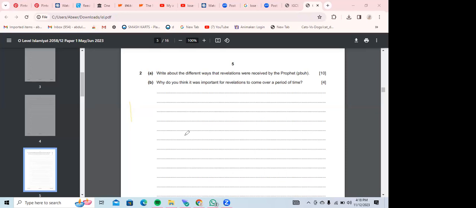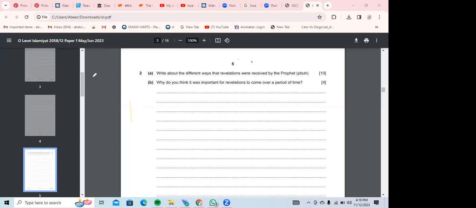If you cannot remember a lot, write whatever you can. And if you have shorter time, just write the main points, because you also have to do other questions.